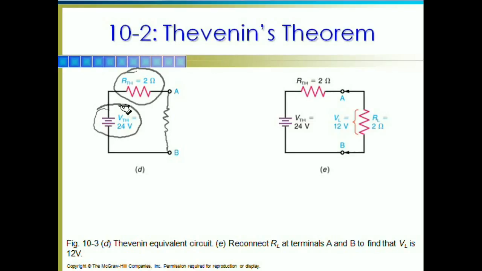So in this case, you have 24 volts, you have 2 ohms and 2 ohms, so you know your voltage at your load is going to be 12 volts, which means you're also going to be 12 volts divided by 2 ohms, which is 6 amps.